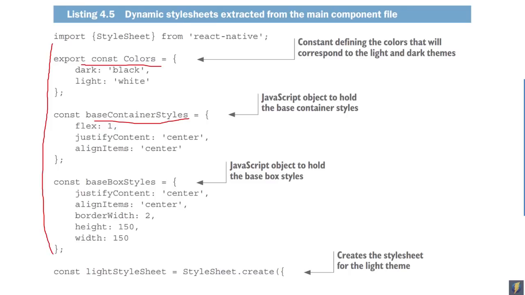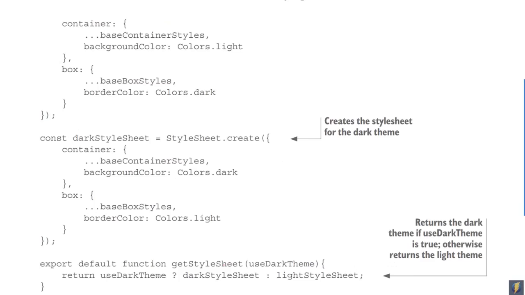This is a style, and this is another style, and the important thing is this one and below. Export default function is to export a default function. The function name is getStyleSheet, and it needs an argument, a parameter.